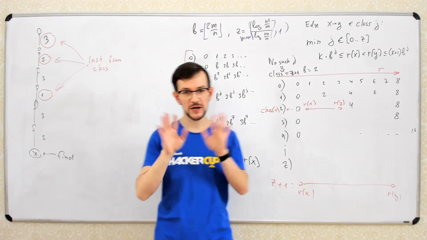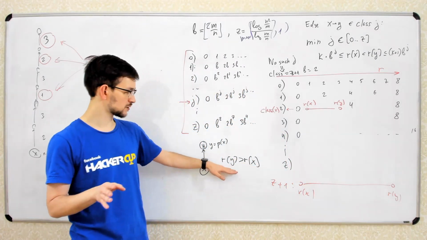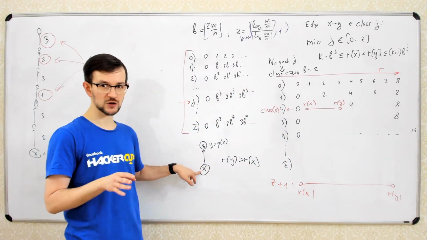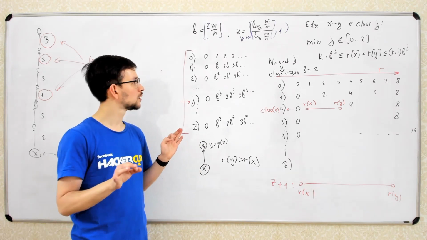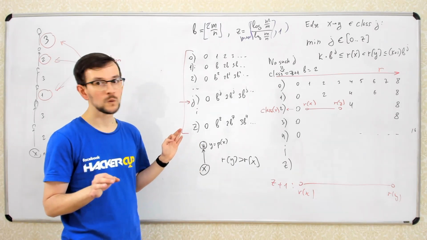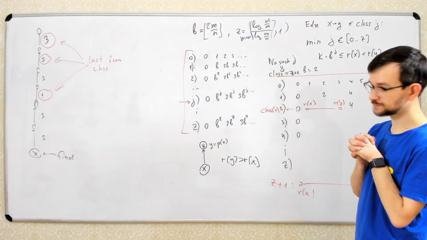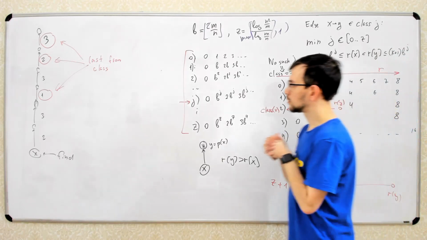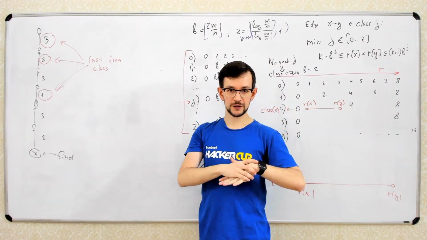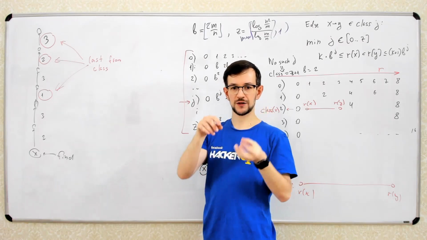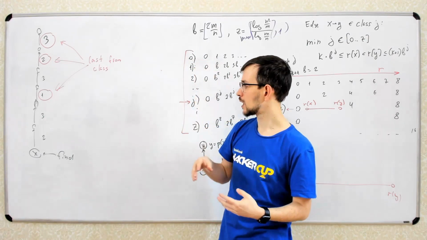I did not use any properties of the ranks by now. The only property of the ranks I use is that the rank of the parent is greater than the rank of the child. So again, I want to calculate for each edge the number of times I go through this edge during the find operations.